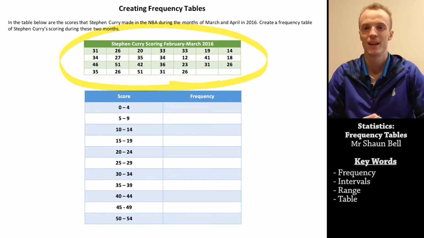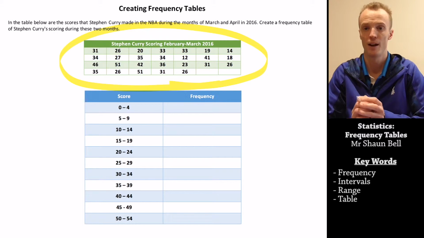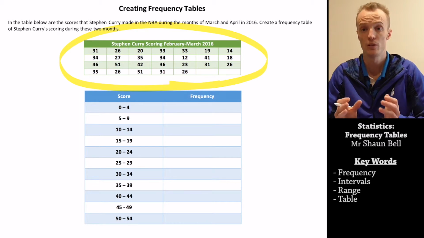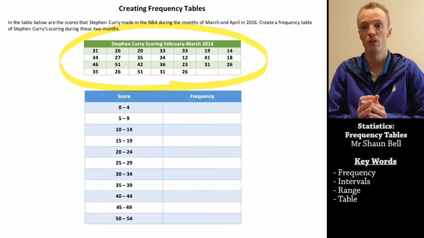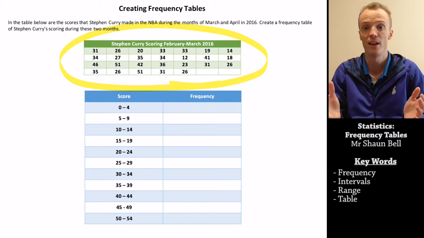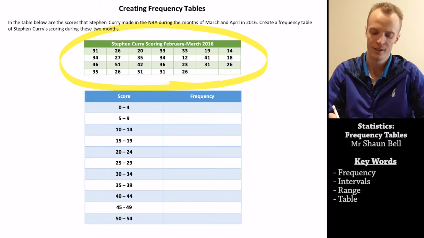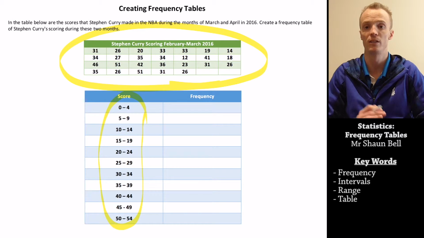Now, what a frequency table does is it groups together data values within a certain range. That's useful to do if the range of data that you've got is stretching over a certain amount, let's say 10 or so. When we're creating a frequency table, there's some things that we need to keep in mind. The first thing that we need to decide is what kind of range are we going to use?